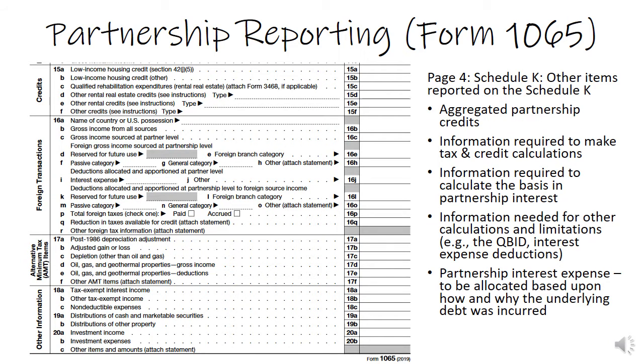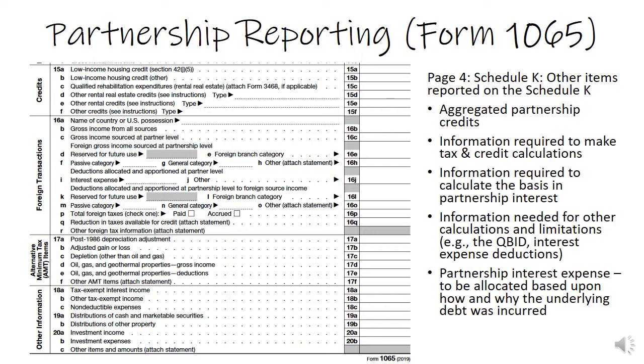The fourth page of the Informational Partnership Return reports Schedule K, which is the aggregation of partnership income, expenses, and credits that are each required for the partners to report their individual information.